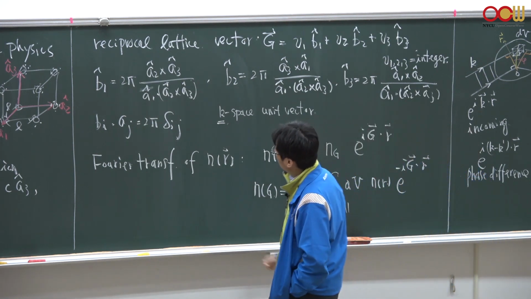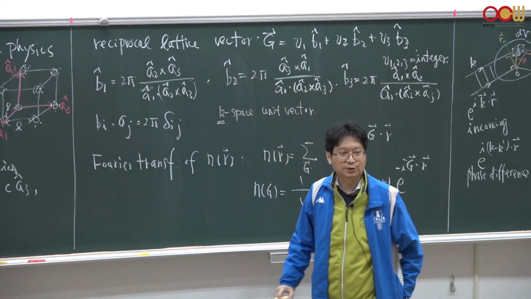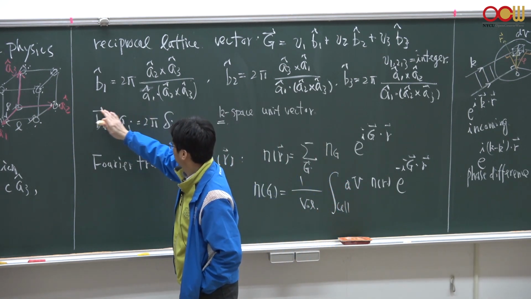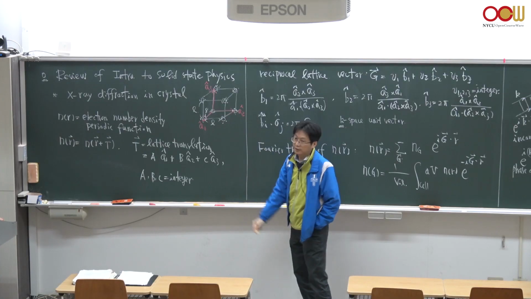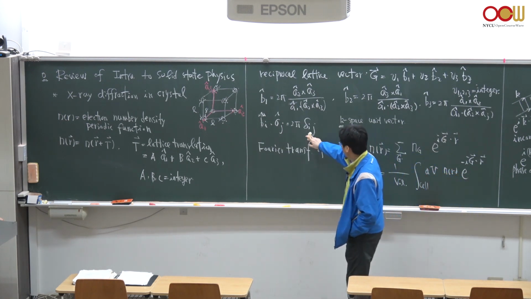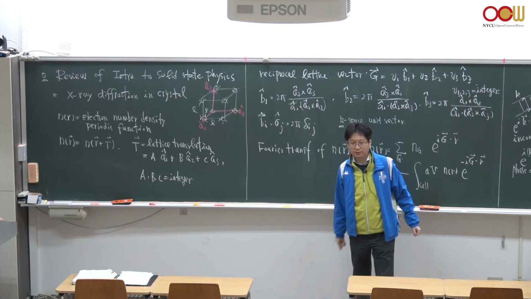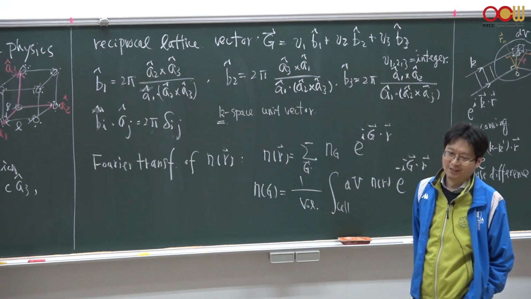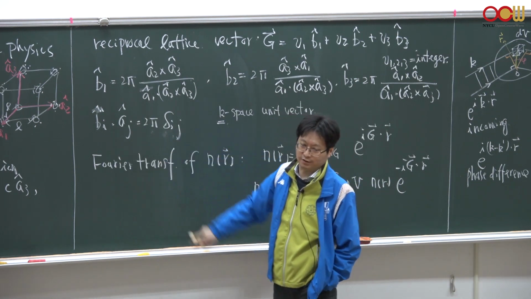So the word reciprocal refers to the fact that it is a kind of inverse of the real space lattice vector, because if you take a dot product between, say, b_i and a_j, where a_j refers to the real space unit vectors a1, a2, and a3, then you get the delta function times 2 pi. So they are kind of reciprocal to each other. The real space lattice vector and the reciprocal lattice vector are reciprocal or conjugate to each other by this normalization condition here.